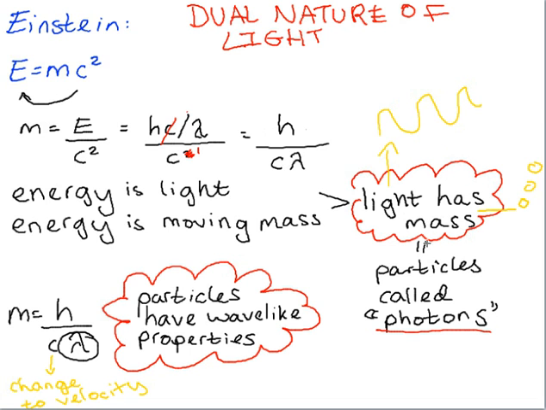And if it has mass, then it means it has particle-like properties. So it has both wave-like and particle-like properties. And so they made it known that light is made out of particles called photons. So not only is light a wave, it is also particles called photons.